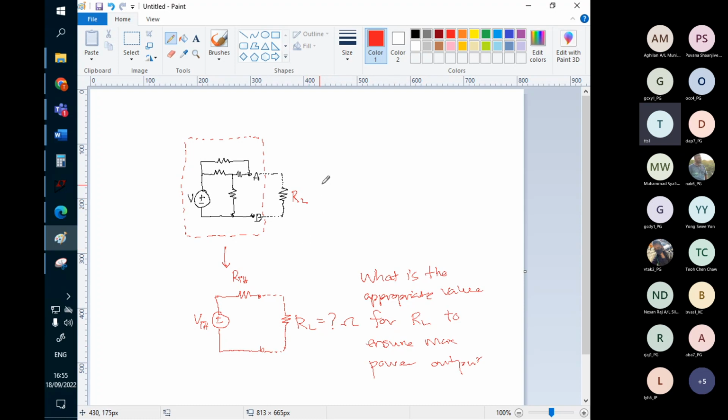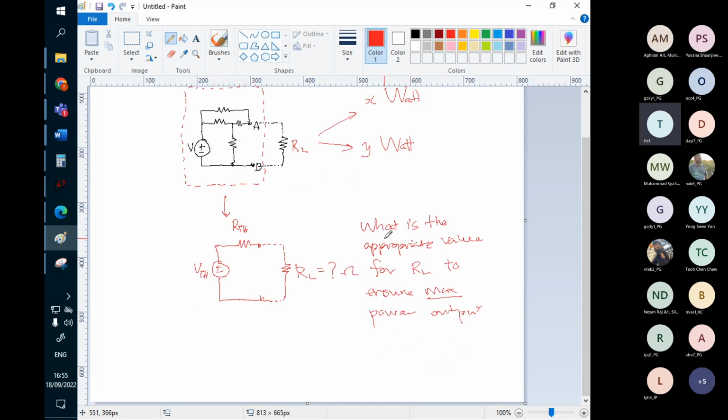Some RL will lead you to some output, let's say in watts. Okay, different RL can lead you to different output at certain watts. What we want is exactly what value ensures the maximum power output. The maximum only. We don't want just any output. We want the maximum output. What is the maximum output you can draw?